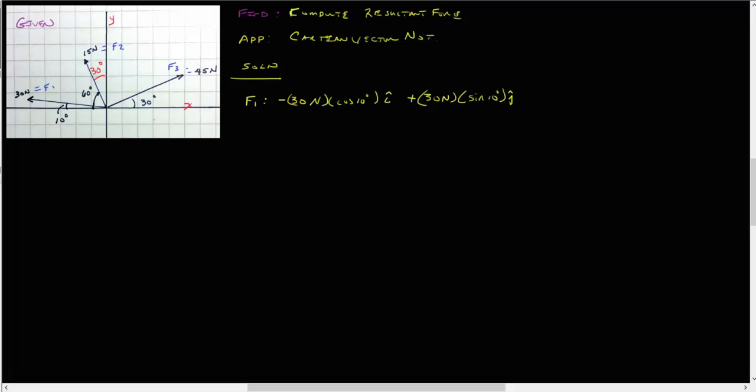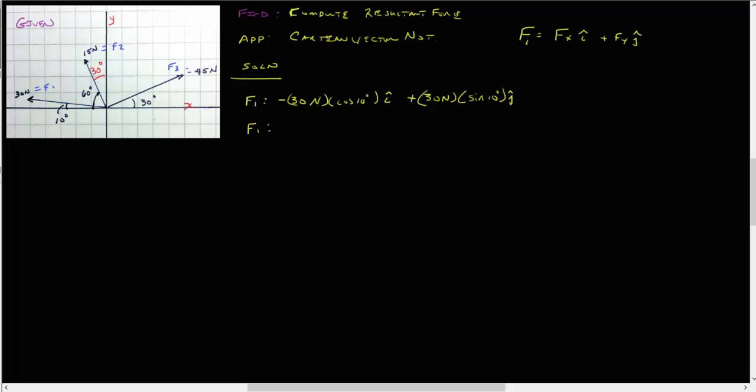And remember, just a little bit ago we said that force 1 would equal the force of the x in the i plus the force in the y in the j. So that's what we got here.